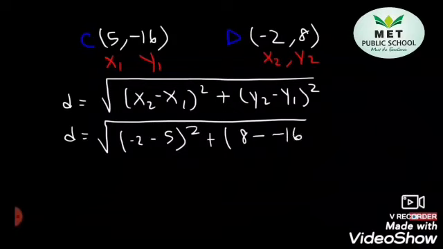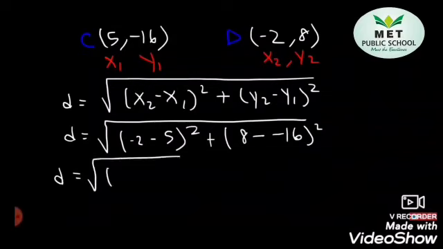As you already noted what is x1, y1 and all, substitute those values, and finally doing the calculation, minus 2 minus 5 is minus 7, plus you are having 8 minus minus 16. Minus minus means it is plus, as you all know. So 8 plus 16, that is 24 whole square. So minus 7 square is 49.